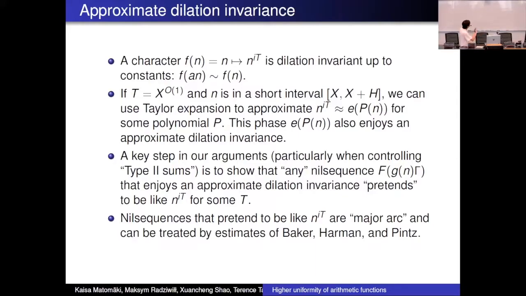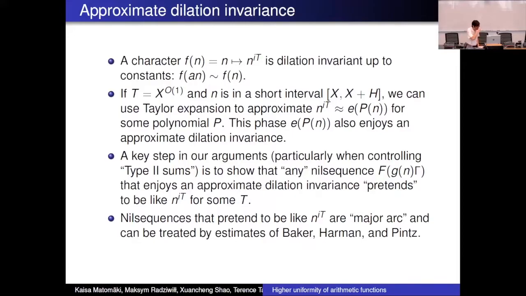An important step in our arguments is to show that that's basically the only nilsequence that has that property: if you have a nilsequence such that dilates of that nilsequence pretend to be like the nilsequence itself, then it must basically come from an n^{it}. It must pretend to be like n^{it}. I won't define exactly what pretend means, but I think Andrew can guess.